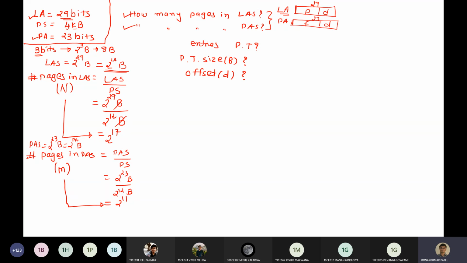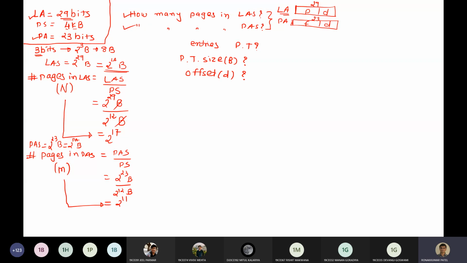So there is an offset and there is something here, P. The easiest way would be to find D, subtract it from 29 and you will get P, but we'll not do that. So understand this thing. What is P? Page number.